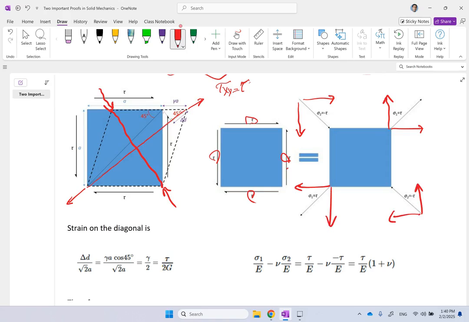Correct? Now if you look here, clearly these two would cancel each other and these two would cancel each other. Yes? But if you look here, these two will be added and these two will be added.